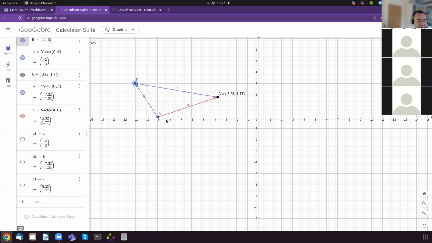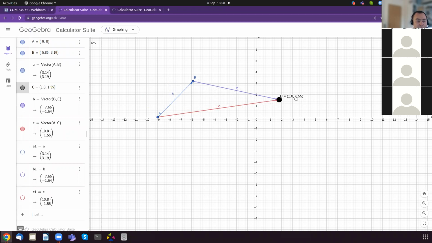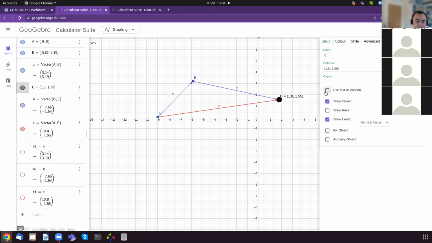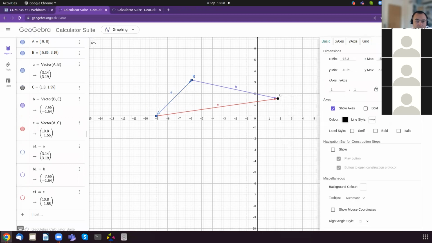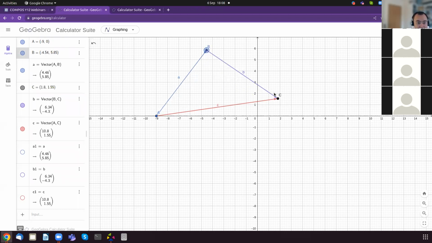So this is vector A, the blue one, AB. BC is vector B. And you can see that vector C is defined as A plus B. If I change vector A, you can see vector B and C change as well.